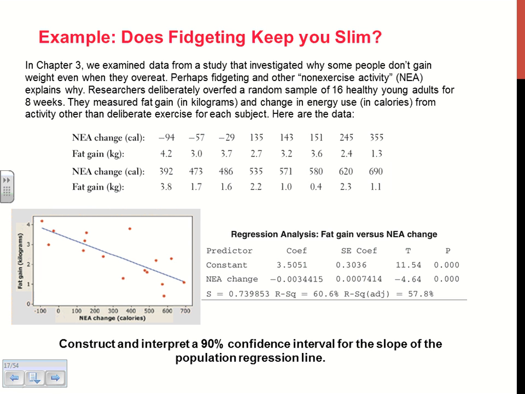All right. So here we're going to do a t interval because we do not know sigma. So we're going to do a t interval for the slope to estimate beta, the population slope.